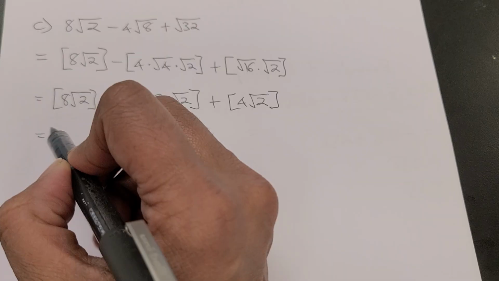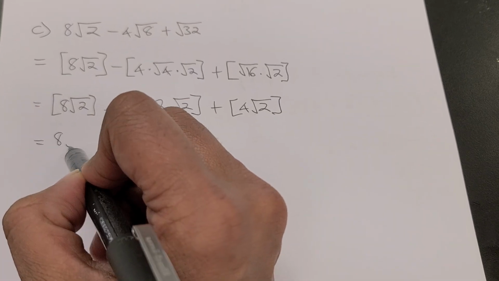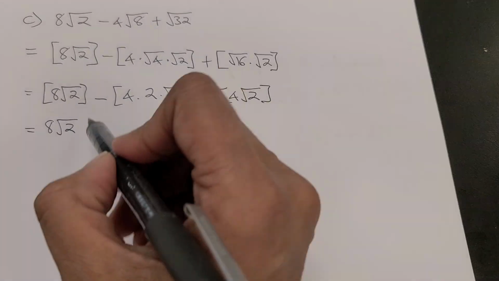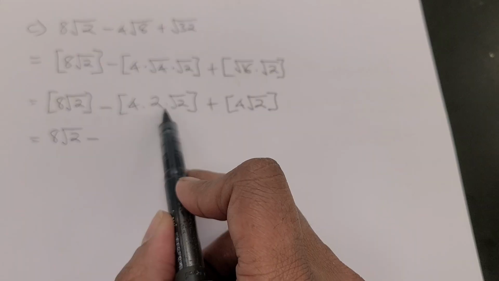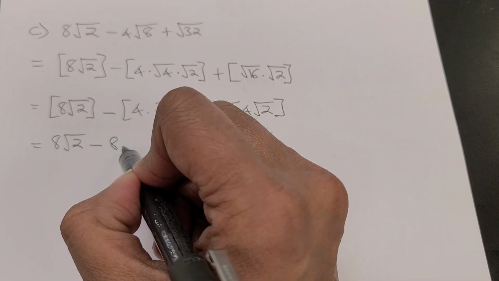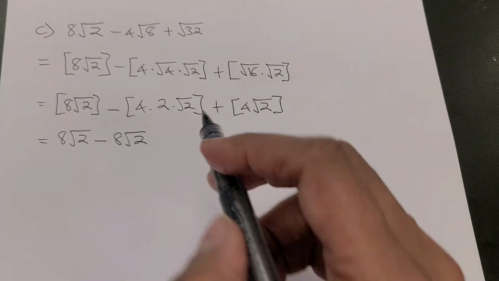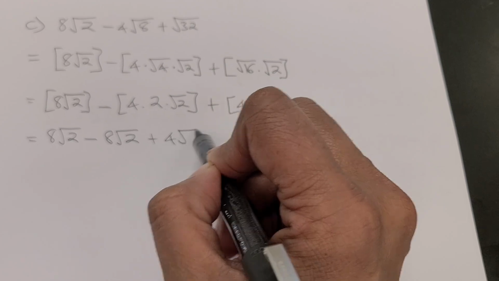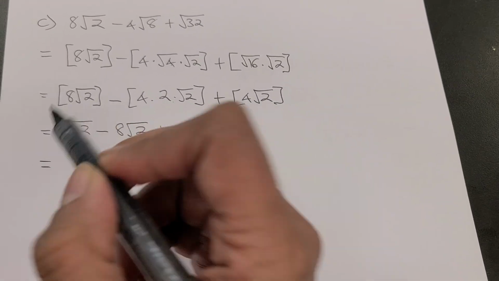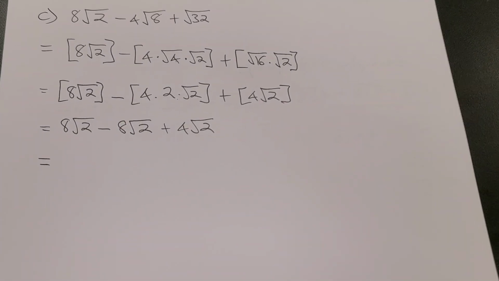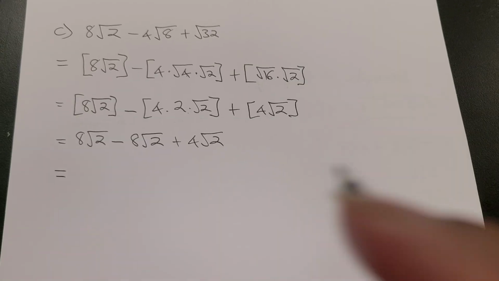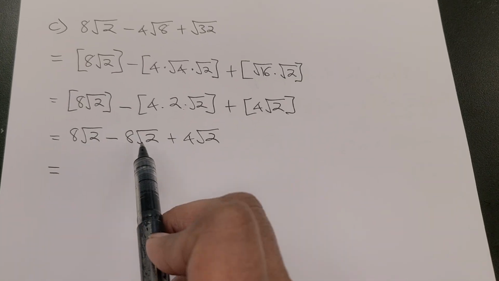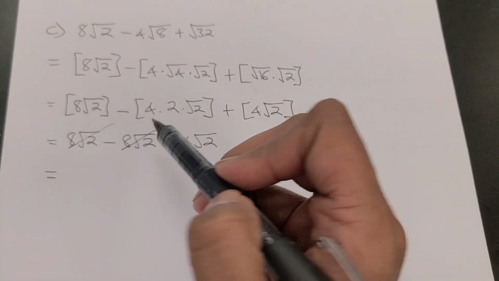We're going to simplify it one more time. So I'm going to take out the brackets now. So 8 square root 2 minus, this is 4 times 2, 8 square root 2, and plus 4 square root 2, like so. You see that? And because this is 8 square root 2 minus 8 square root 2, we're going to cross it out.